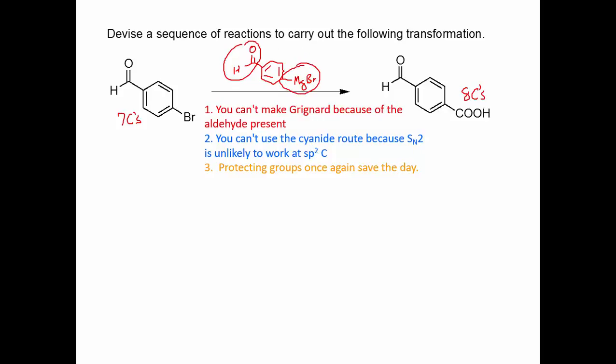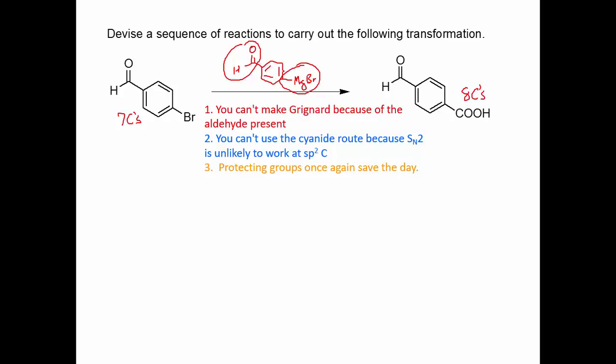All right? Okay, so we can't use the Grignard. What about the cyanide route? Well, it looks like we can't use that one either because we can't do an SN2 reaction at this type of halide. This bromine is attached to an sp2 carbon, and we don't really have a ring that's loaded with nitro groups, so we can't really do a nucleophilic aromatic substitution here very effectively.